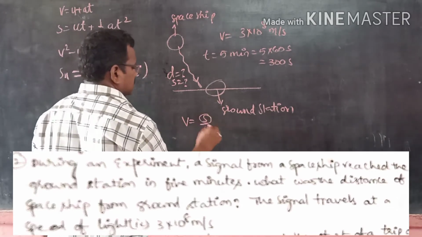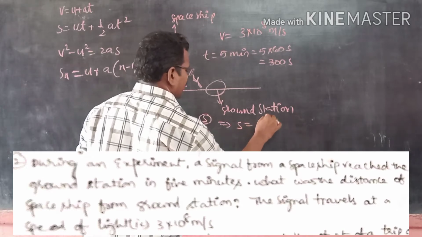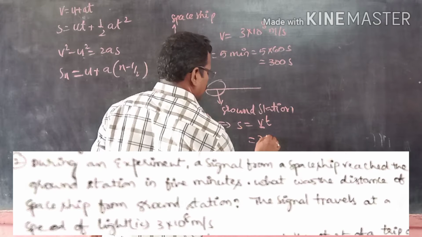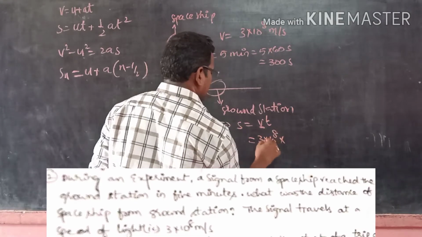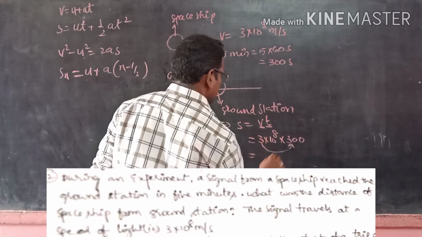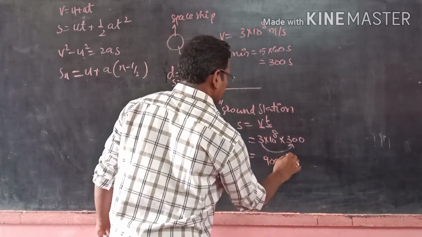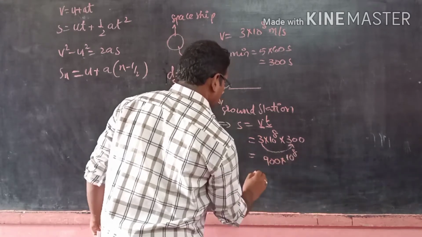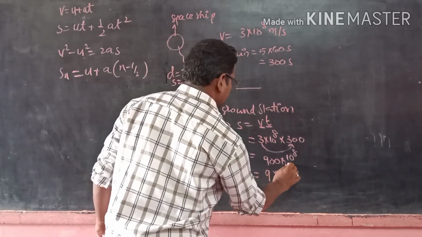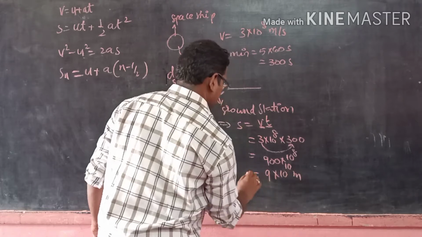But they are asking s, that implies s becomes vt. What is the value of velocity? 3 into 10 power 8 into time, that is 300. 3 3s 900 into 10 power 8. It can also be written as 9 into 10 power 10 meters.